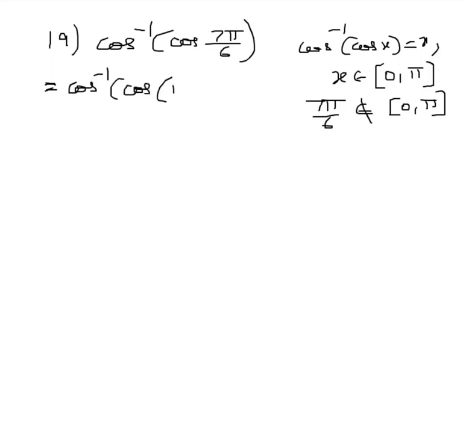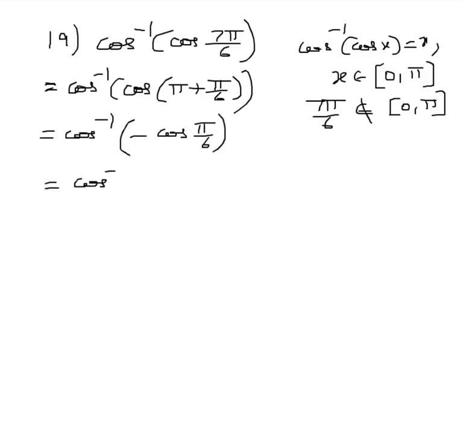Since it is a third quadrant angle, I can write it as pi plus pi by 6. Now cos of pi plus theta: in the third quadrant, cos is negative. For pi we don't change the ratio, so it becomes cos inverse of minus cos pi by 6, where the value of cos pi by 6 is root 3 by 2.